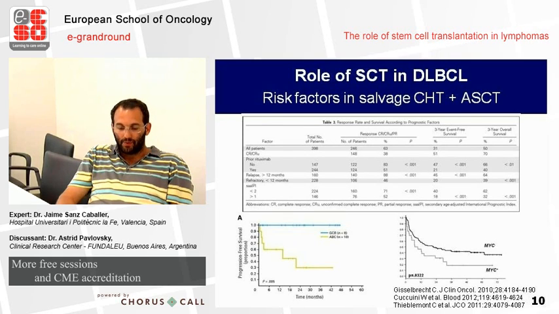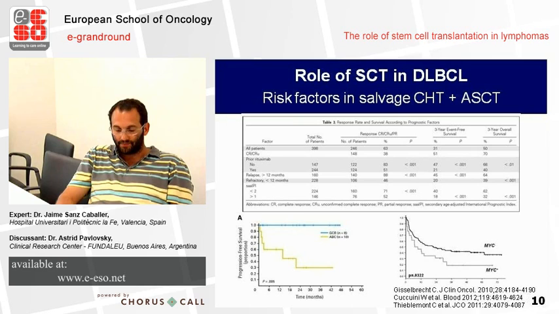The factors that affected the response significantly were primary refractory disease or early relapse before 12 months, secondary age-adjusted IPI, and prior exposure to rituximab. 3-year event-free survival rates in this trial were 21%, 20%, and 18% for those who had been treated with previous rituximab, relapsed within 12 months, or had secondary age-adjusted IPI scores of 2 to 3, respectively, versus 47, 45, and 40% for those without these characteristics.